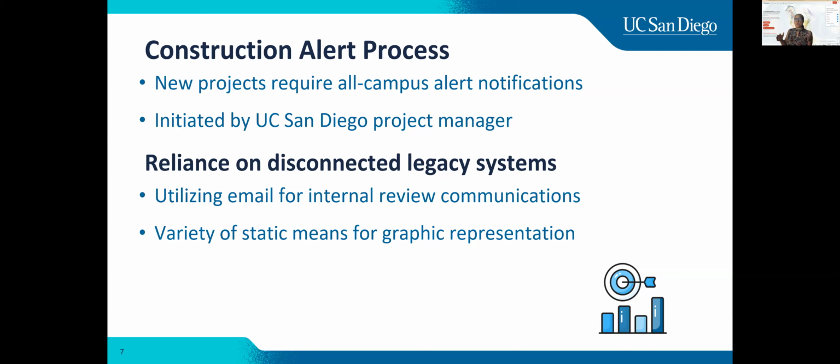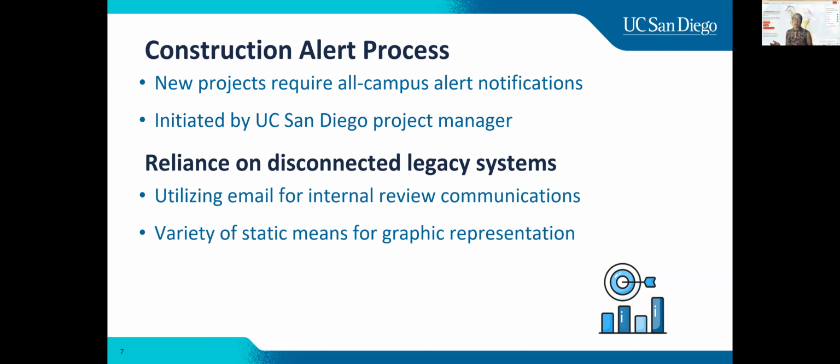Nothing has changed between the legacy system and what we're doing currently. But what we did have was a reliance on a disconnected legacy system, where we utilized email for internal review communications, which, as anyone knows, in a review environment, email is clunky at best, and things just get lost, and deadlines get missed at worst.